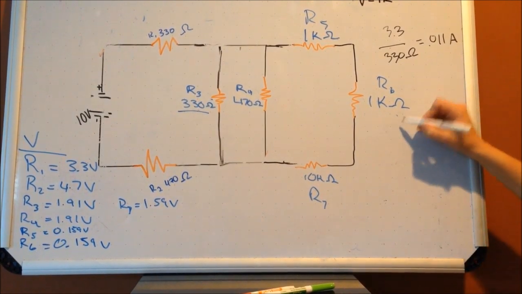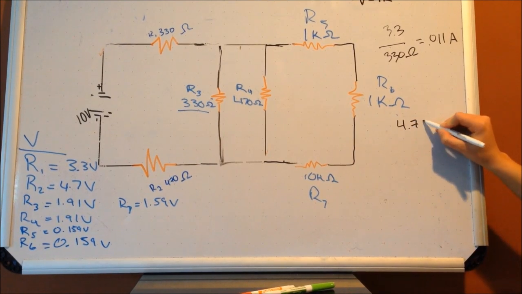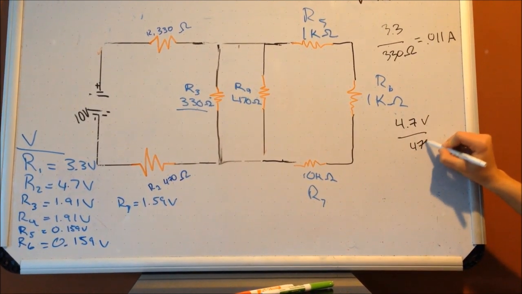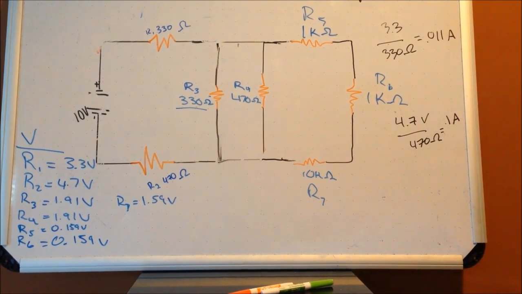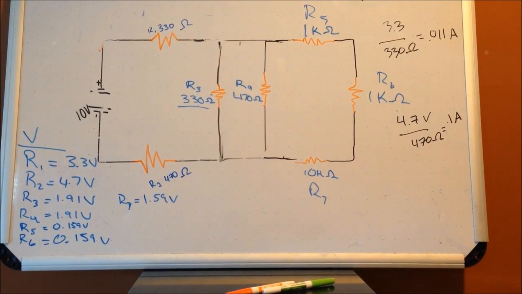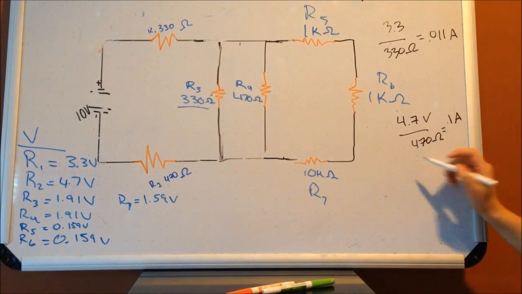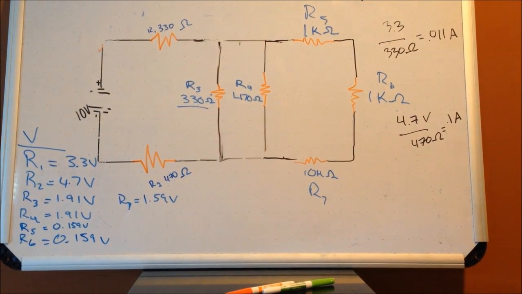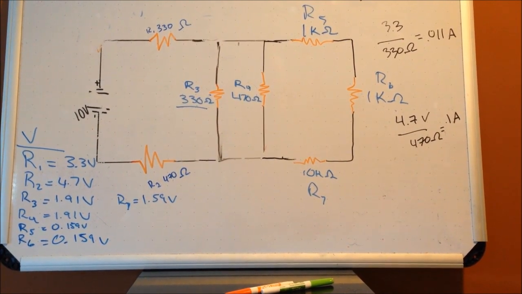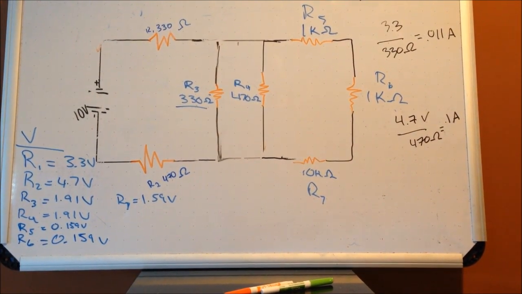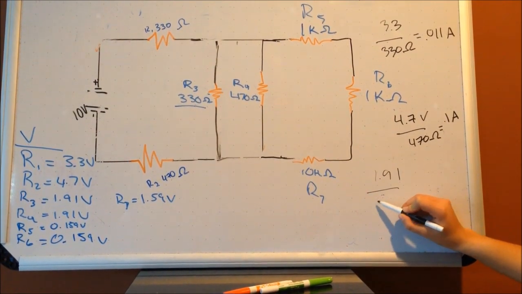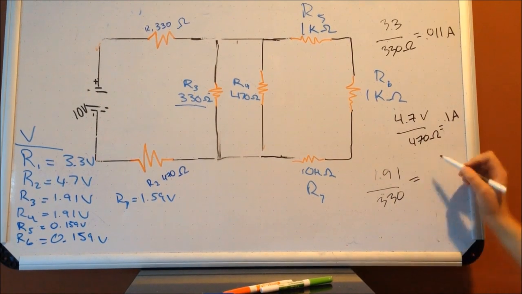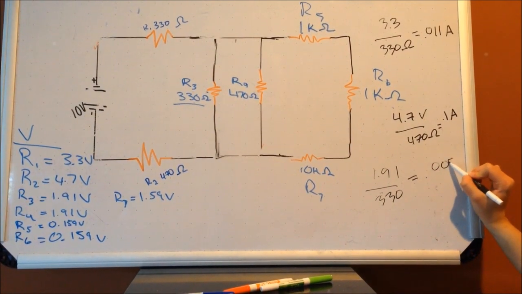For R2, we do the same thing, but with different numbers. So it would be 4.7 volts over 470 ohms, which equals 0.1 amperes. And we do the same thing for resistor 3. So since it has the same resistance value but a different voltage, we plug in a different voltage, so 1.91 over 330 equals 0.005 amperes.